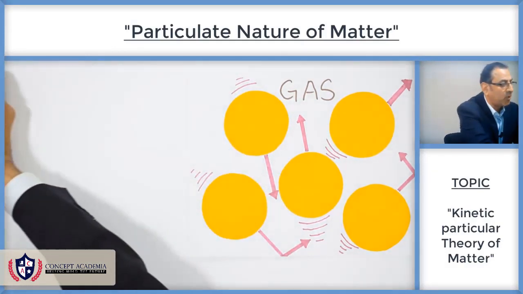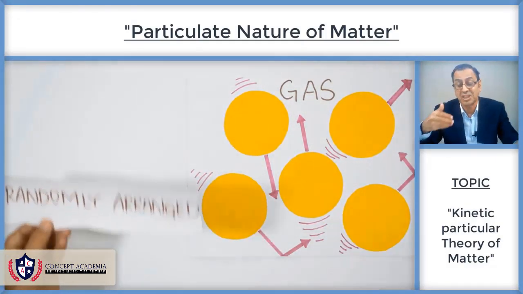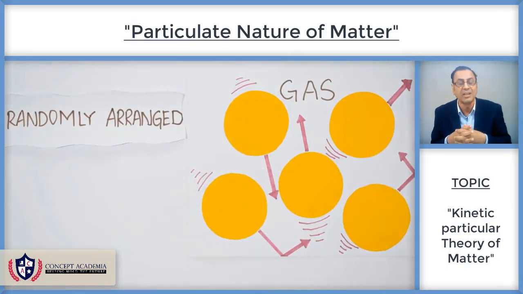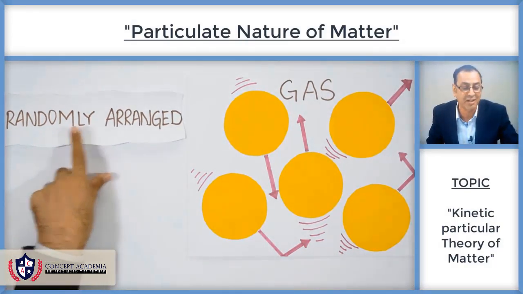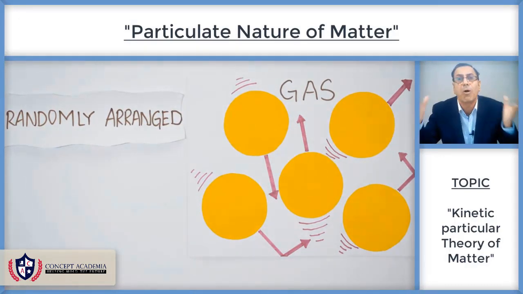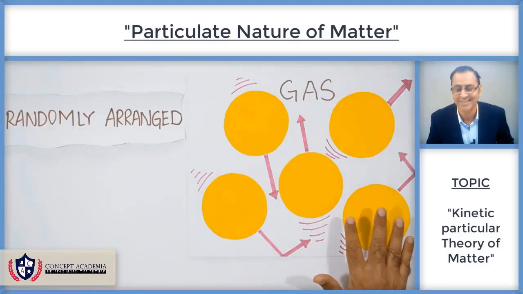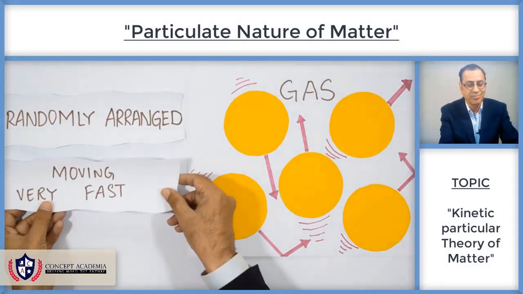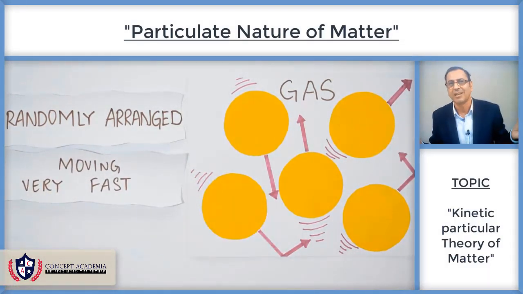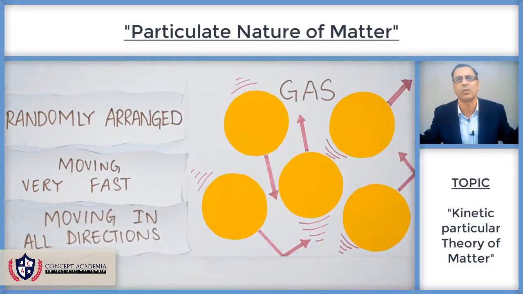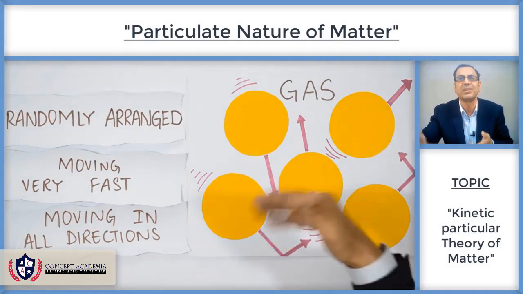And because of these points, you see, if they have such a large energy to move, they have less holding power over one another. They are spreading out, so they are randomly arranged. Of course, there is all sorts of randomness, disorder, chaos in the case of gases. They are randomly arranged, and they move very fast, from one place to another, and they can move in all directions, obviously because of the previous reasons.